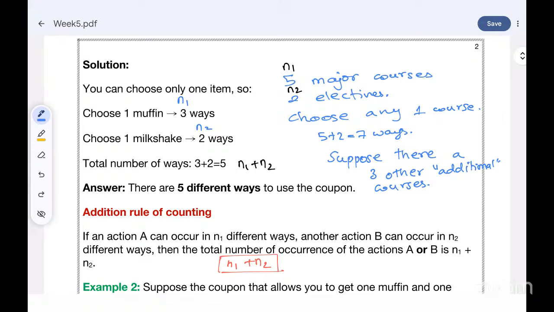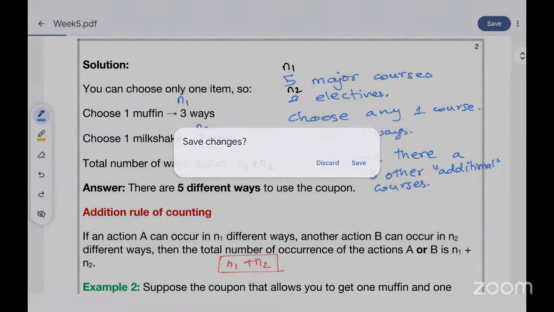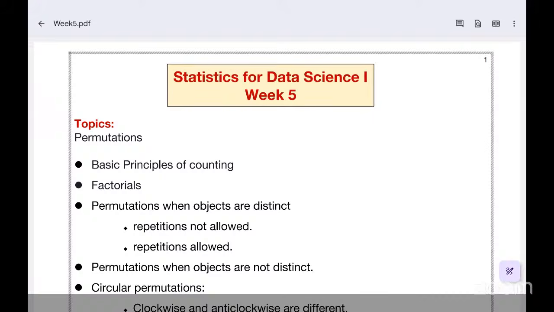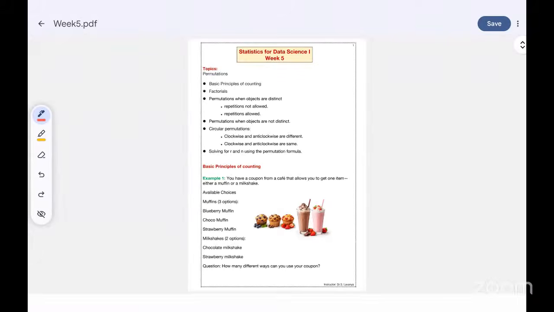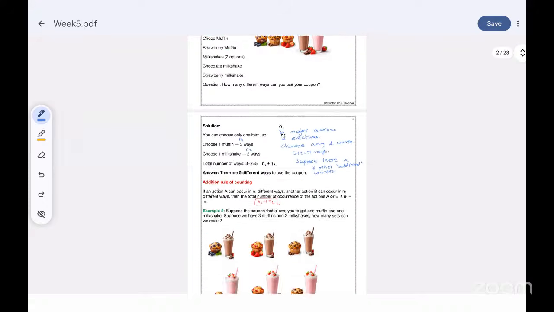Now, how many ways can you choose a course? 10 ways. So here again, we are just increasing the number of ways in which you can choose the course, but now with extra options.